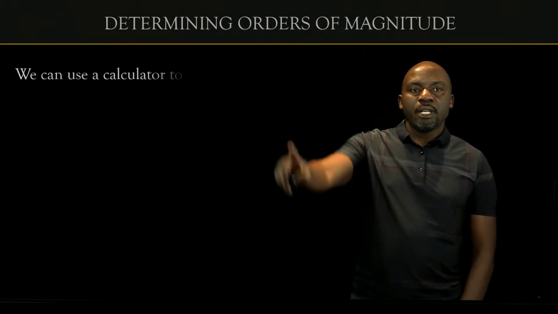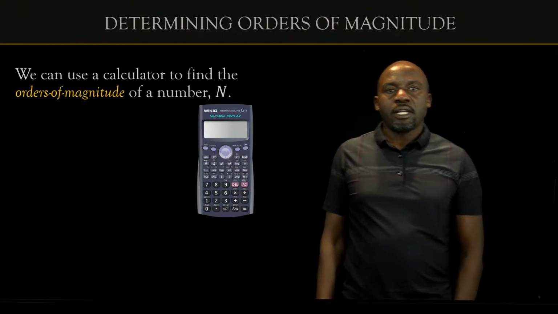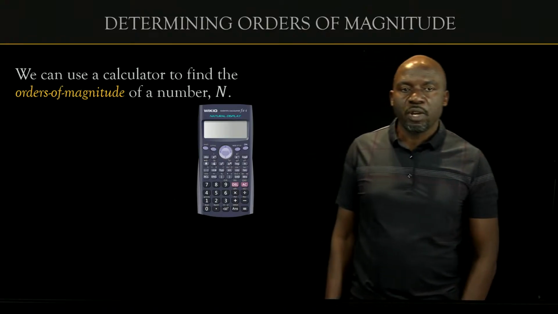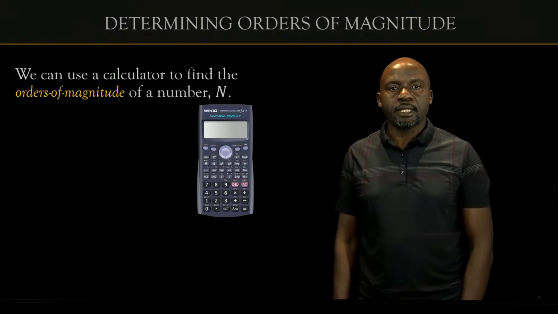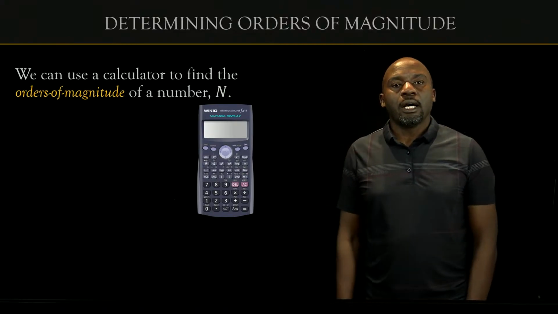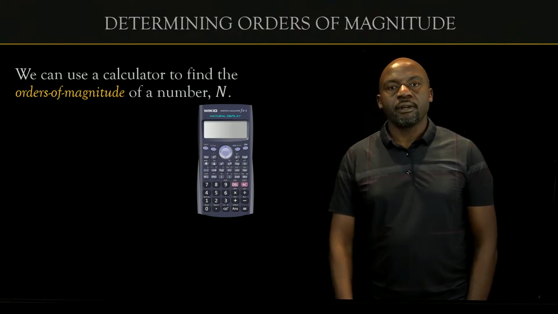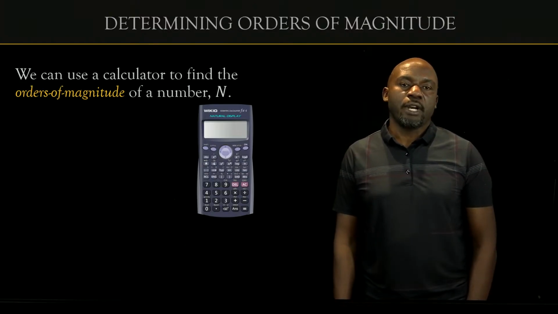Okay, determining the orders of magnitude. We can use a calculator to find the orders of magnitude of a number. Because we haven't gone into a discussion of logarithms, which is a topic in mathematics, we are just going to use a calculator directly to see what we mean. All right, so we can use a calculator to find the orders of magnitude for any number.